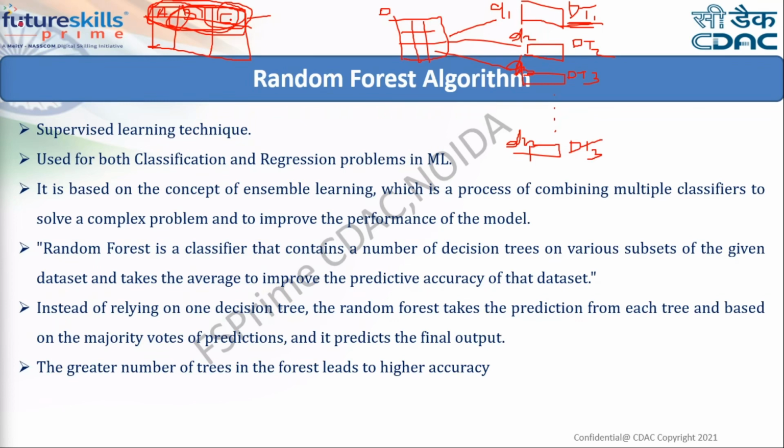So we give randomization at two places: one in picking the data set, another in picking attributes.